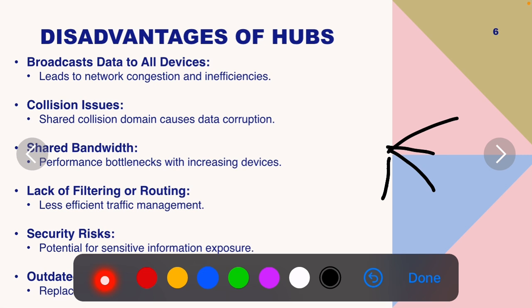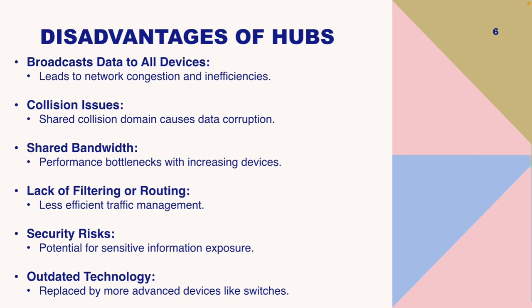So sensitive information can be exposed to unauthorized devices on the network. This creates a security risk, as data intended for specific devices can be intercepted by any other devices connected to the hub, potentially leading to unauthorized access or data breaches. So there is a security risk in hubs.